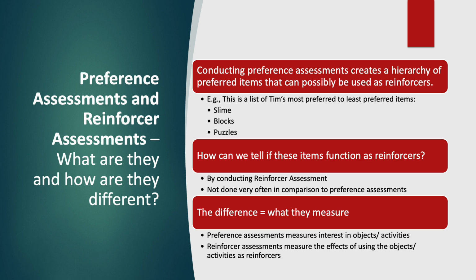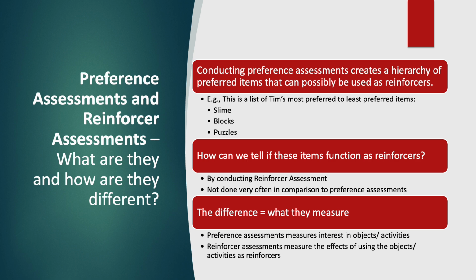So basically, we expose individuals to different items, and we see the way that they interact with those particular items. We collect data on that interaction, and this allows us to create a list of items from most preferred to moderately preferred to least preferred items.